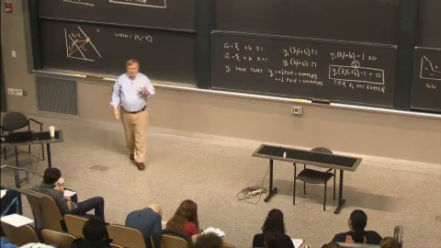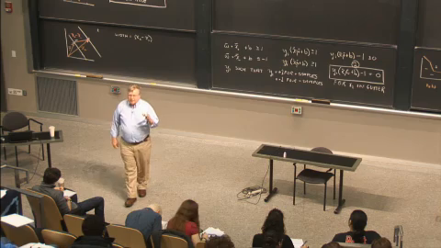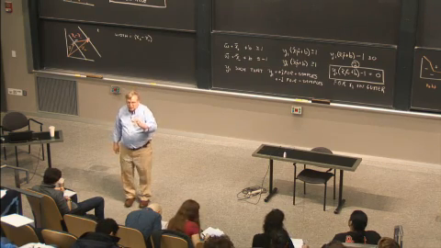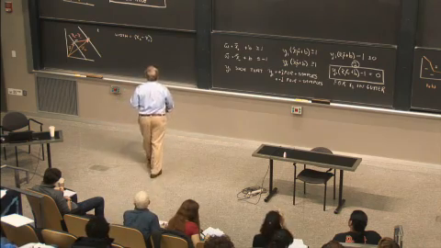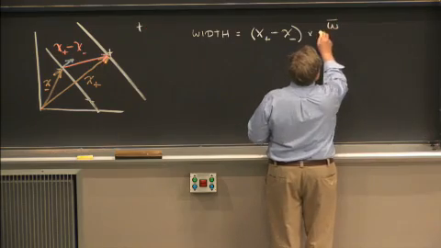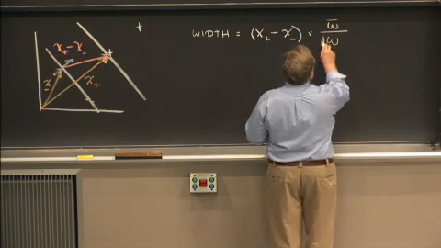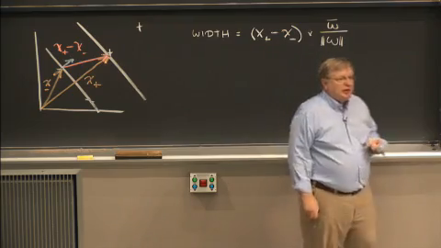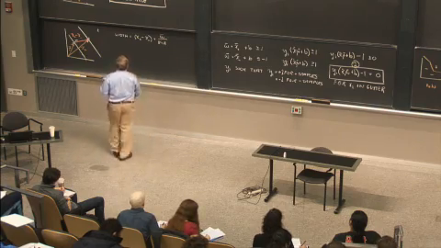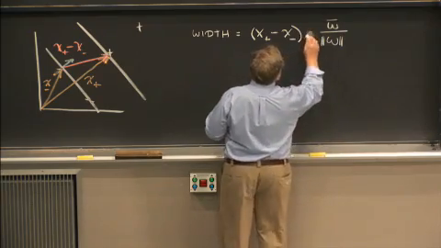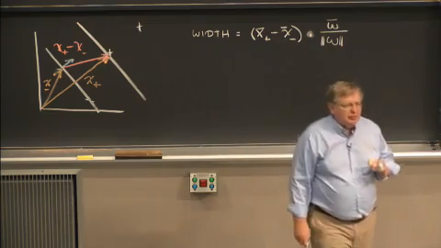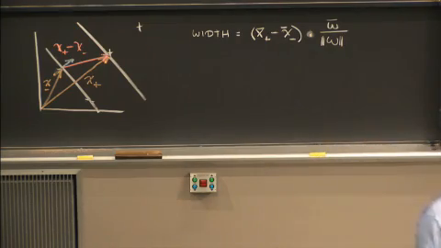That's the difference vector, and now I got to multiply it by a unit vector, but wait a minute, I said that that w is a normal, right? The w is a normal. So what I can do is multiply this times w, and then we'll divide by the magnitude of w, and that will make it a unit vector. So that dot product is in fact a scalar, and it's the width of the street.